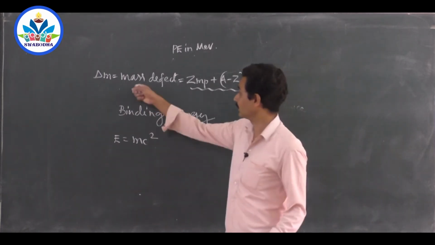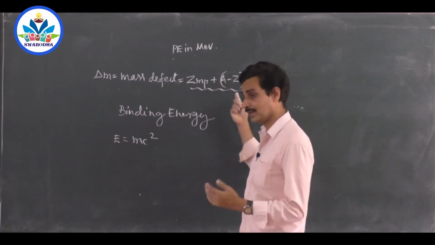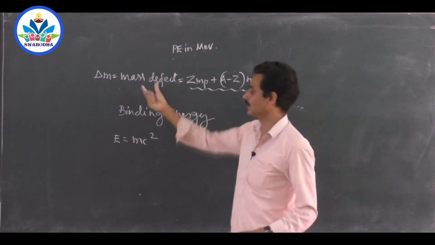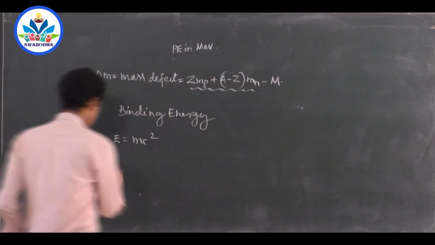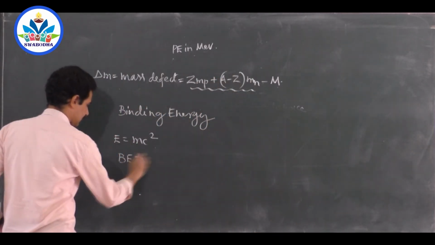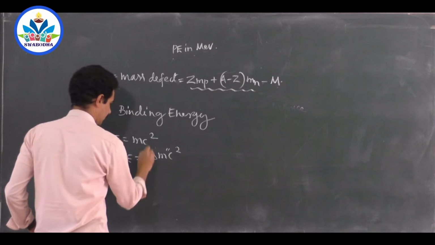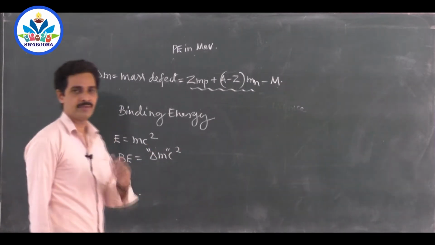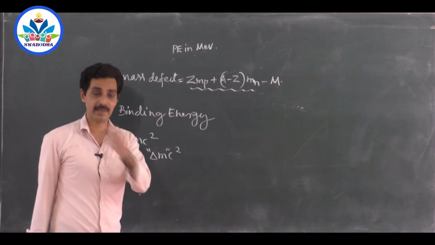So if you lose this much amount of mass defect, that is mass of the individual protons and neutrons minus actual mass of the nucleus, that is mass defect. Convert this into energy. So what is binding energy then? Binding energy of any nucleus is given by delta m c square, where delta m is the mass defect. Because you have lost this much of mass, so you convert it into energy, you will get the binding energy of the nucleus.